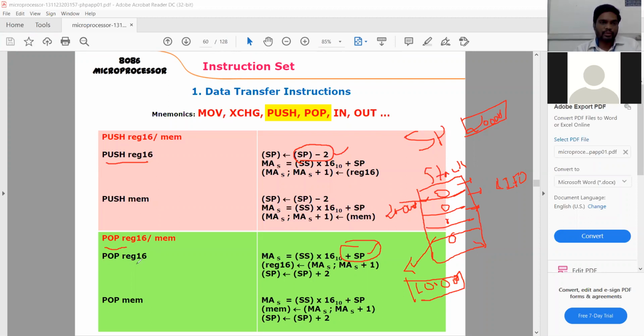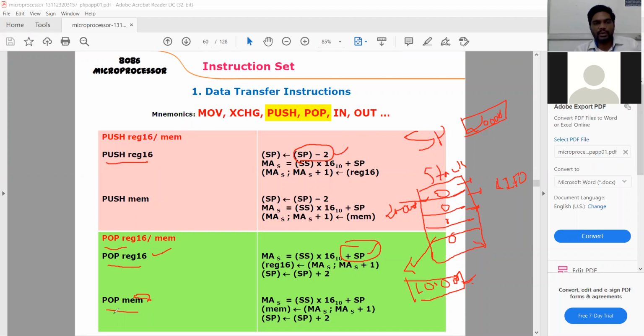When you use pop register, the data present in the 1000th address will be loaded into this particular register. Similarly, when you use pop memory location, the data present in the 1000th location will be loaded into the memory location.